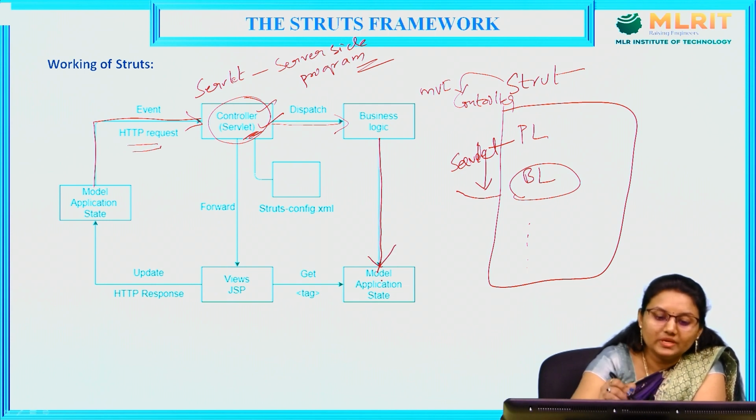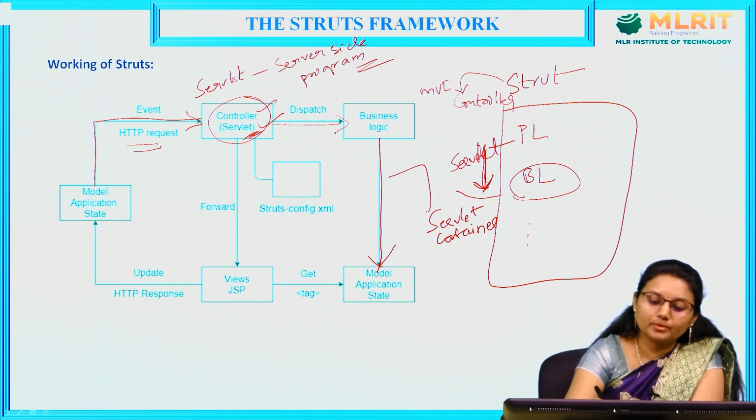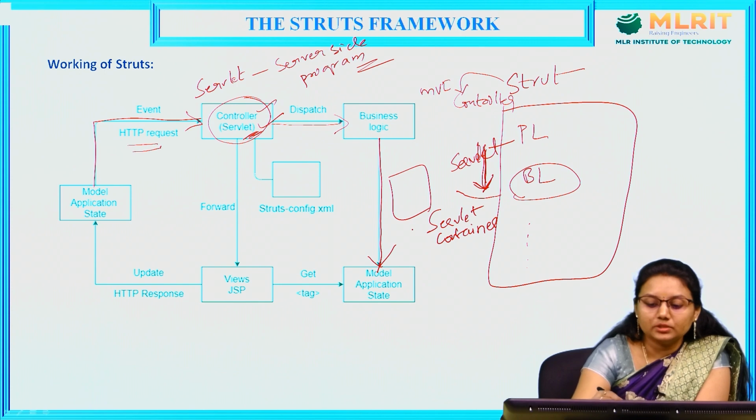Then in between, whenever you are transmitting from the client to the servlet container, we have some process for converting and sending the responses. So you will be using a class file.